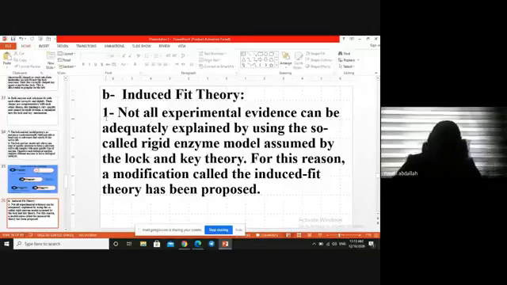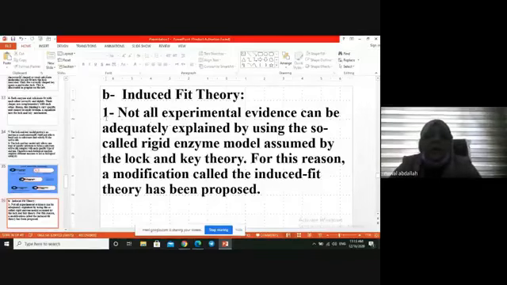The lock and key theory cannot be used in all mechanisms of enzyme action. So, for this reason, a modification called the induced fit theory has been proposed.